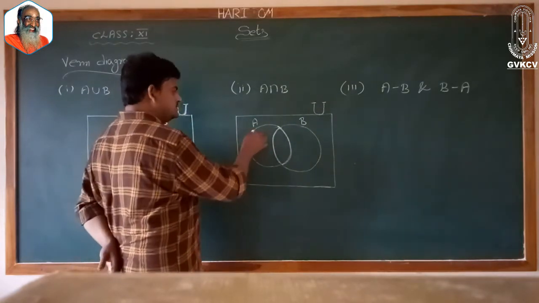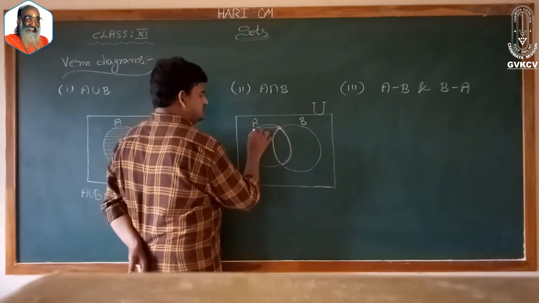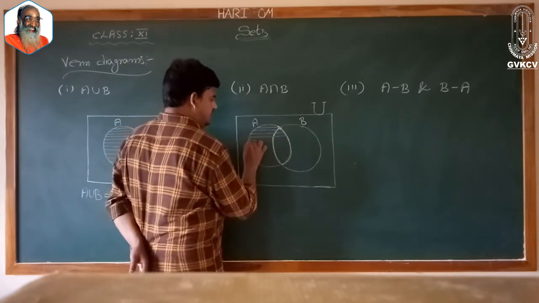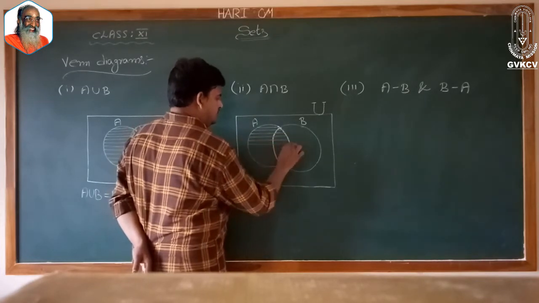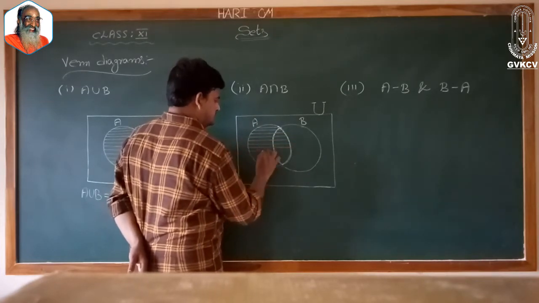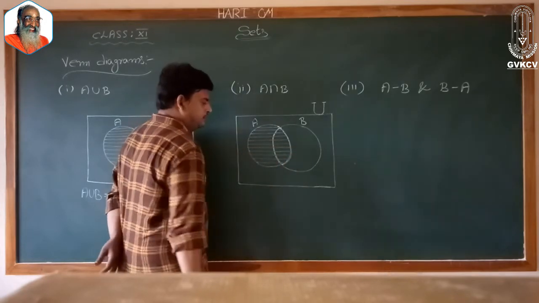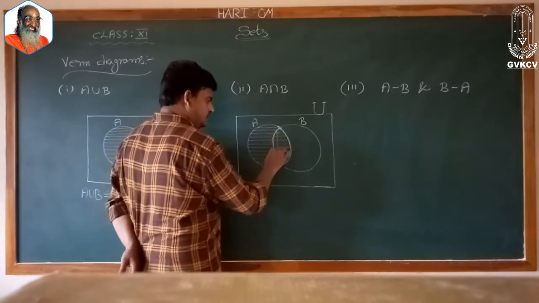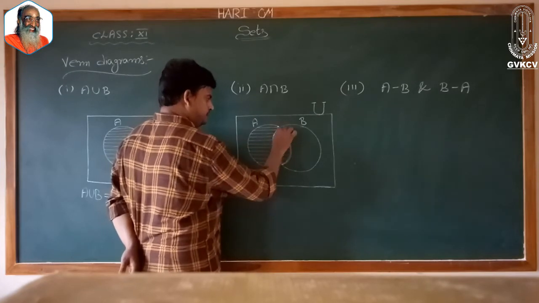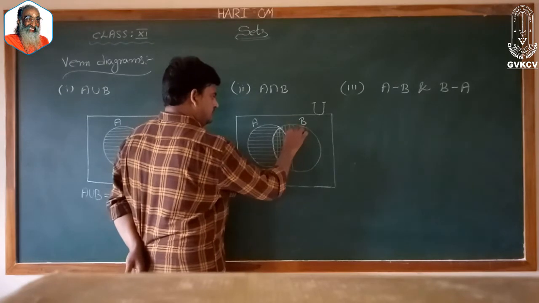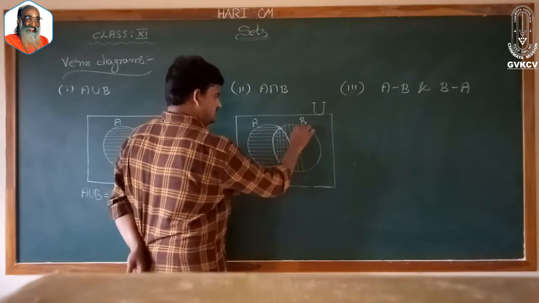Let us take set A and shade it entirely with horizontal lines. Set B we are representing with vertical lines.